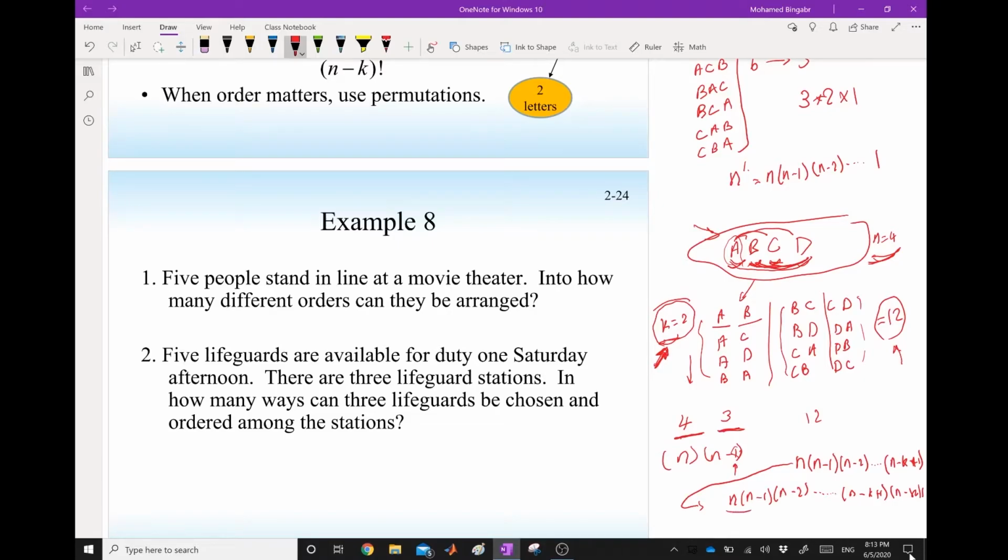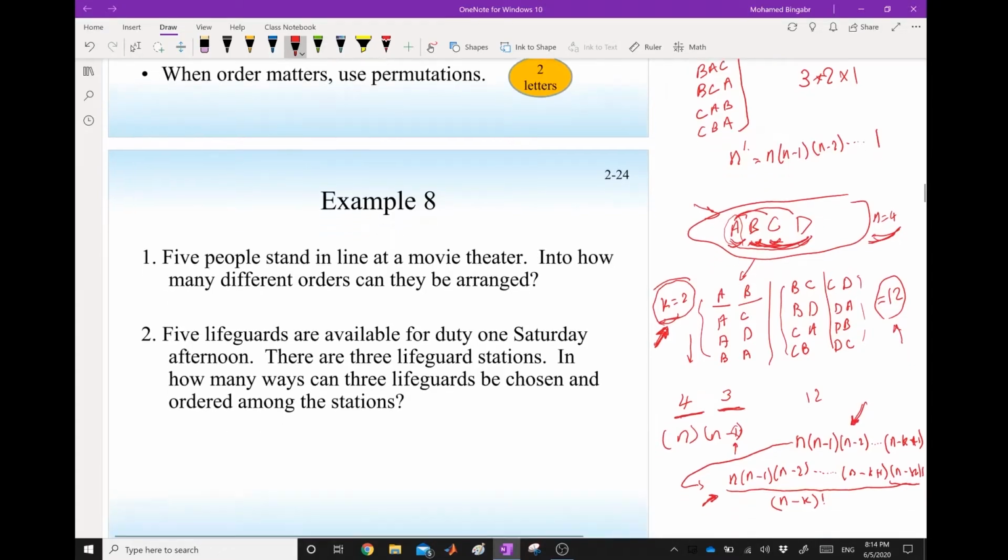If I do that, then I have to divide by n minus k factorial. So this n minus k factorial will cancel all these elements here that follow. Then this one here and this one here will be the same.